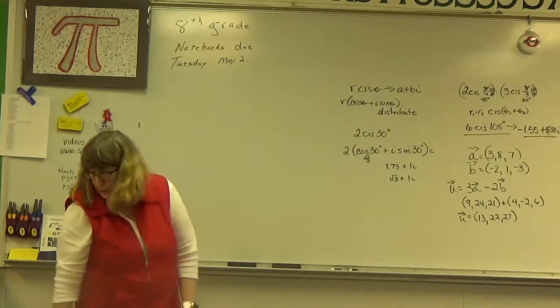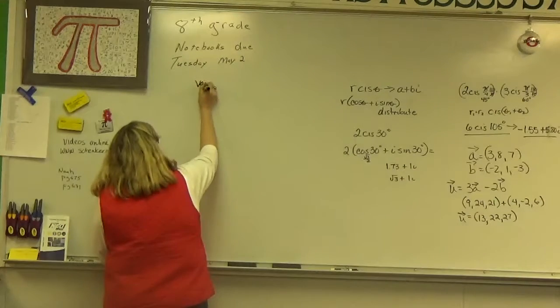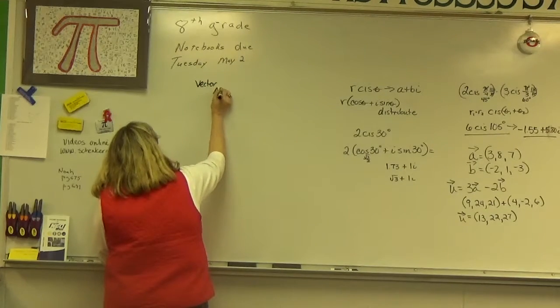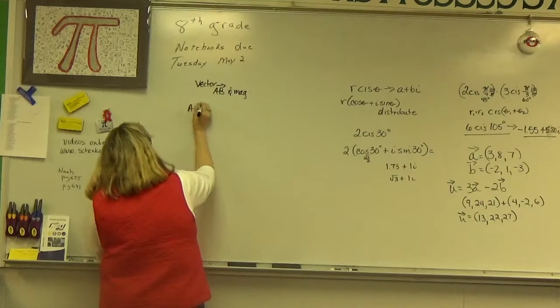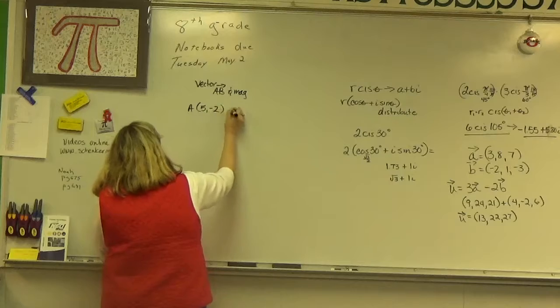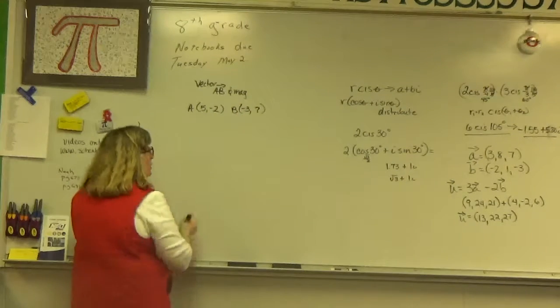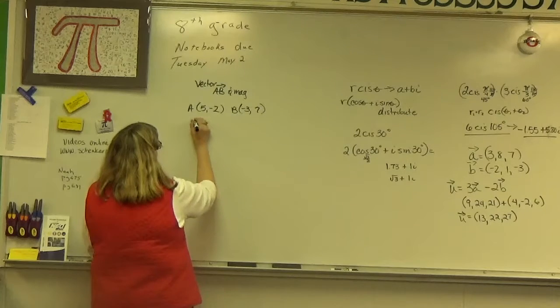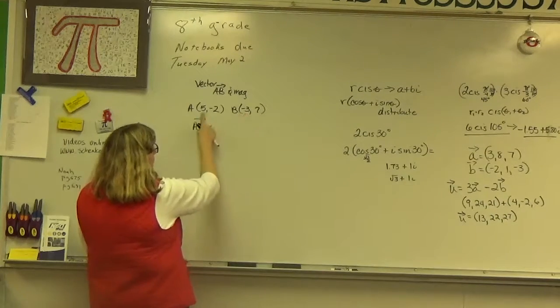Was it find vector AB and magnitude? Yes. Okay, so what would vector AB be? Negative 3 subtract 5.